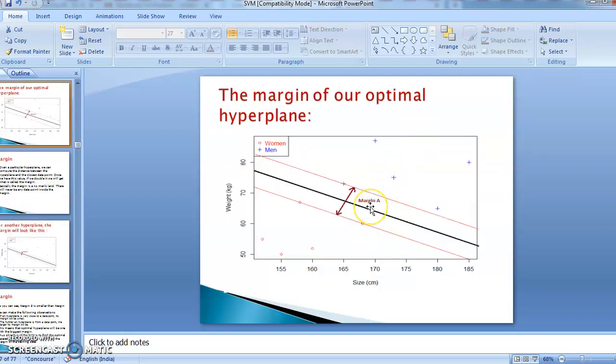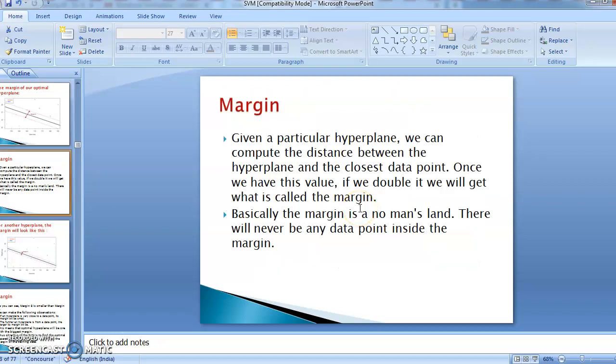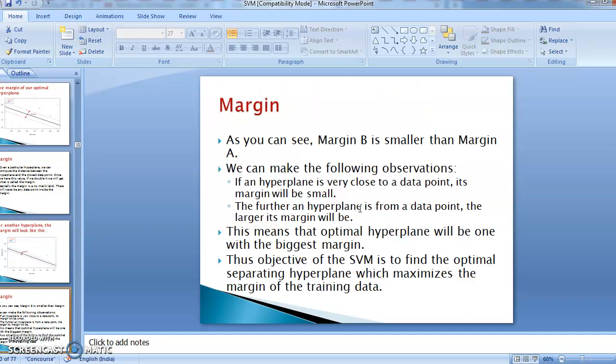If boundary points are closer to the hyperplane, then the margin is very small. If boundary points are far away from the hyperplane, then the margin can be bigger. So what is the objective of SVM? We have to find the optimal separating hyperplane which will maximize the margin for training data.